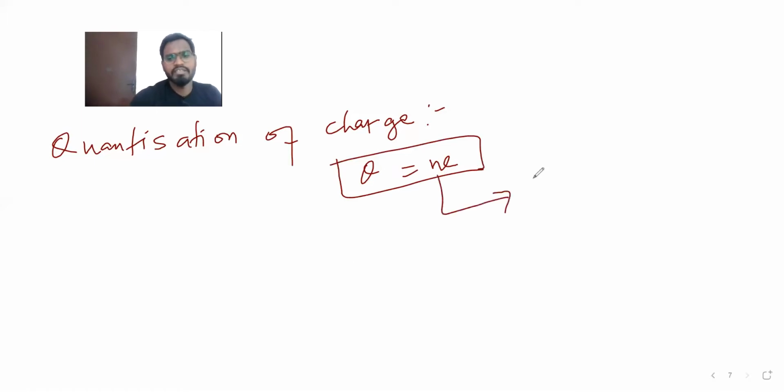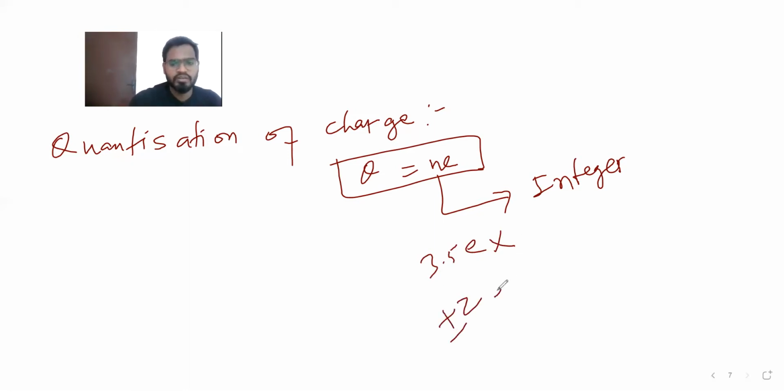Here n is an integer. Of course it is a number, but it should be an integer. As we learned before, the basic unit of charge is the electron, so it cannot be a fraction. If somebody writes 3.5 electrons, that is not possible at all. But plus 2 or minus 2 electrons is possible. That is quantization of charge. Charge will always be an integral multiple of the basic unit of charge.